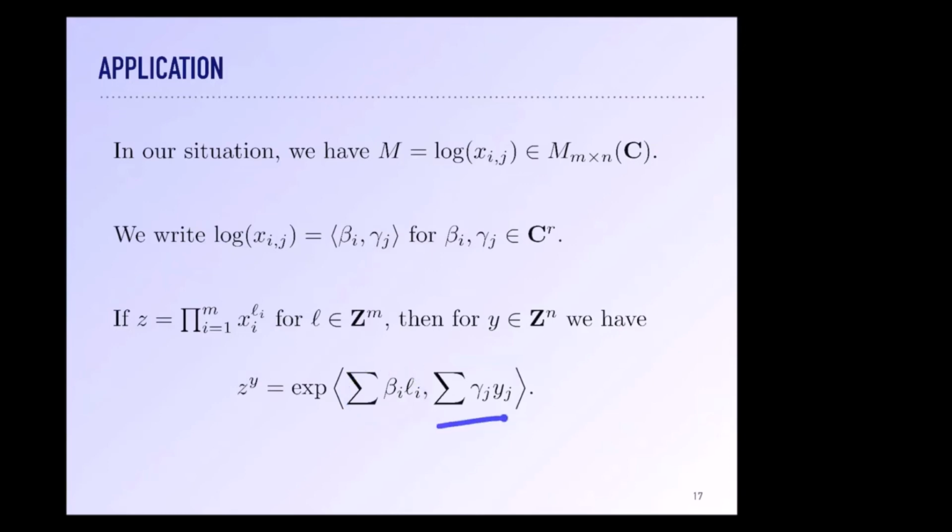For each y, I have an analytic function in r variables that sends a vector in C to the r to e to the power of that vector dot this fixed vector. Okay, and interpolation determinants are determinants of matrices that arise from applying analytic functions at certain special values.